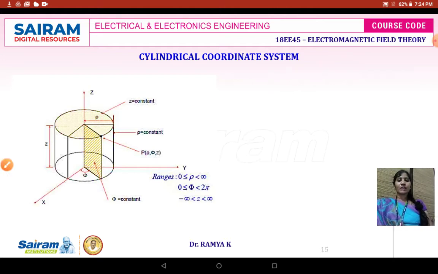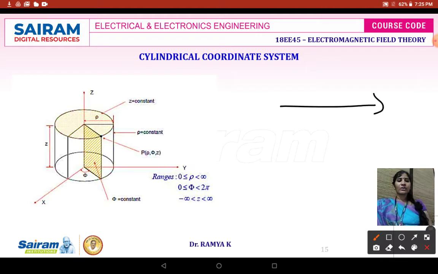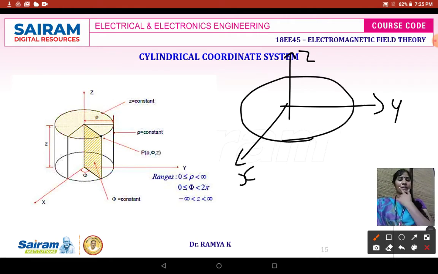For example, you consider this is going to be the z-axis, y-axis and x-axis. The cylinder, I am placing it here. If this is going to be my point under consideration, P, from the origin to the point under consideration, the radius is going to be rho meter, and the angle made from the x-axis to the point under consideration is going to be phi.